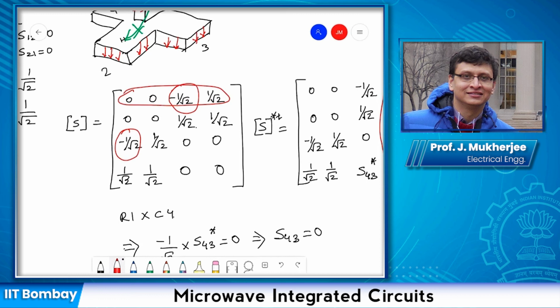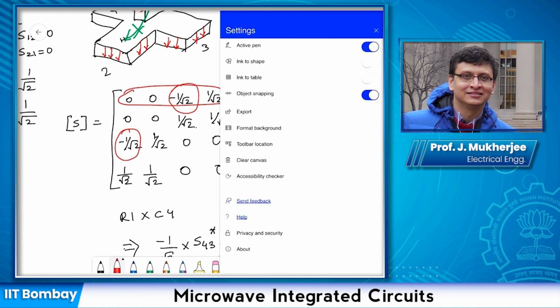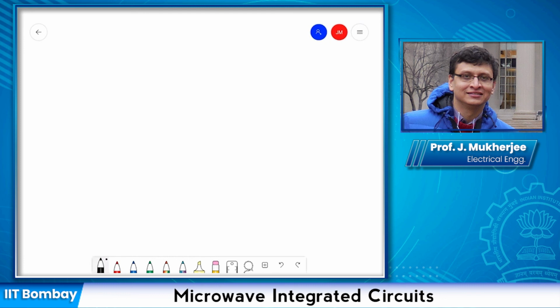Okay. Let us now discuss the branch line hybrid coupling. And by the way, the term hybrid coupler means when there is equal power division.